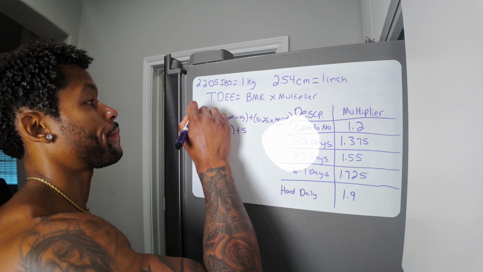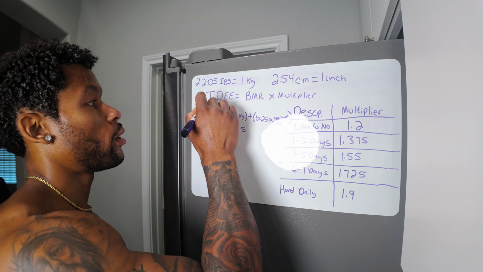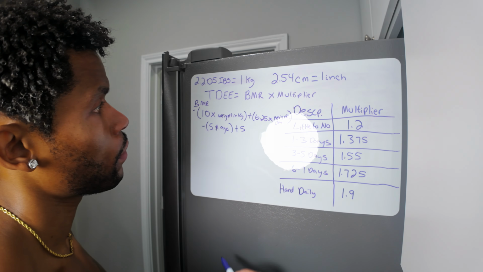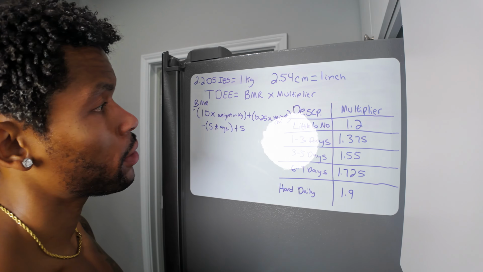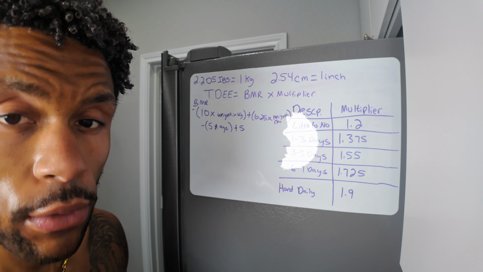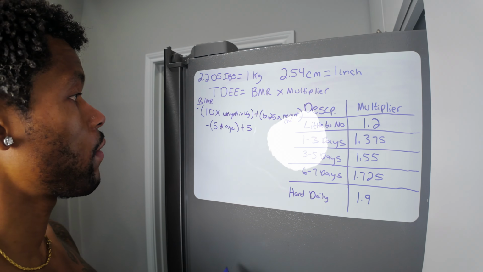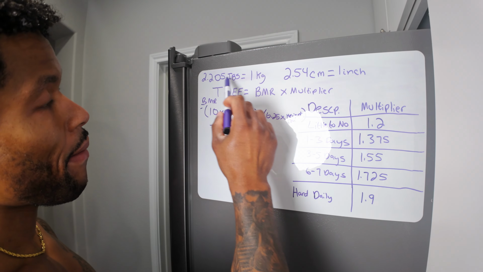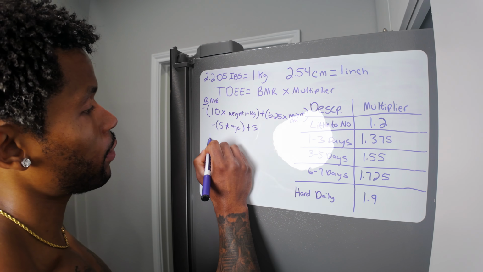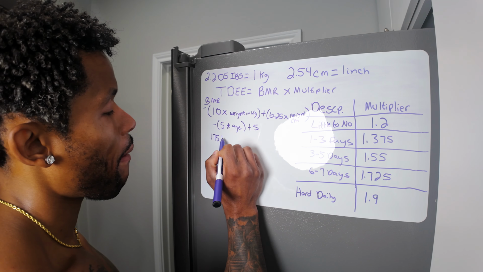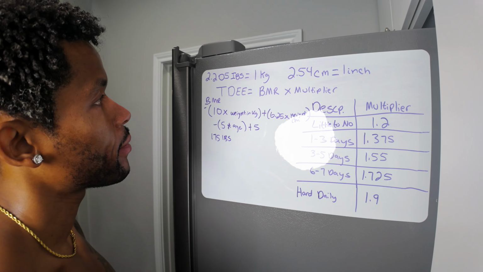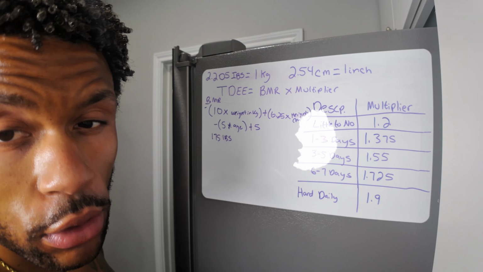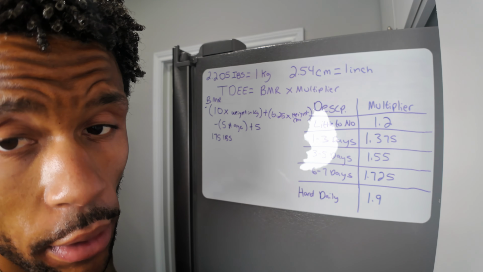So once you know that, you have to determine your weight in kilograms and your height in centimeters, right? Pretty straightforward stuff. So I know that for me personally, I weigh 175 pounds, okay? And 2.205 pounds is in 1 kilogram.